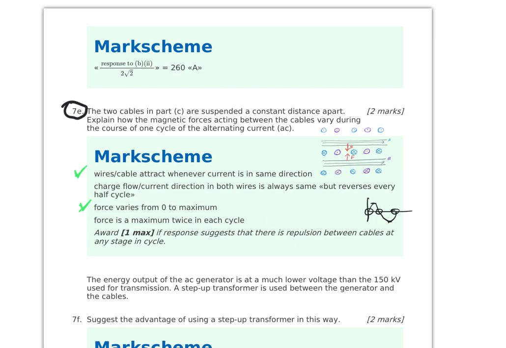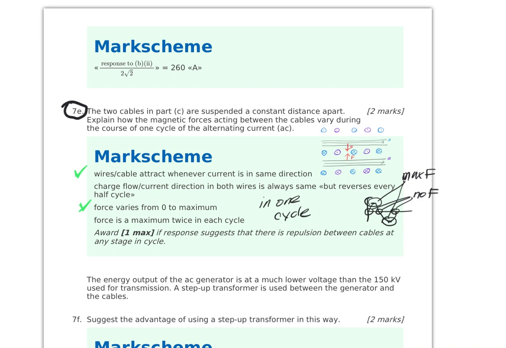And it's asking, how are the magnetic forces going to vary? So basically in one cycle, we're going to have 3 points where you're going to have no force, where the EMF is 0, and then you're going to have 2 points of maximum force, because it's the maximum EMF, therefore producing the maximum current through the wire.